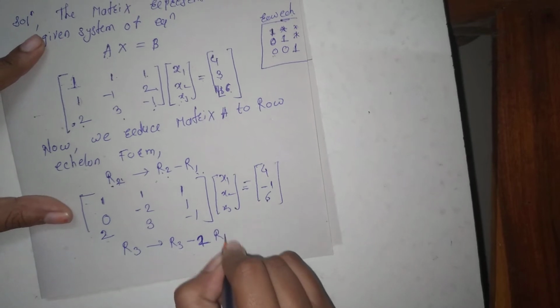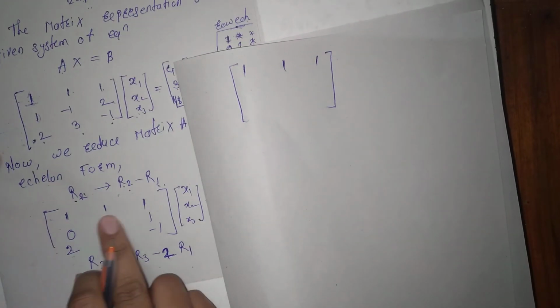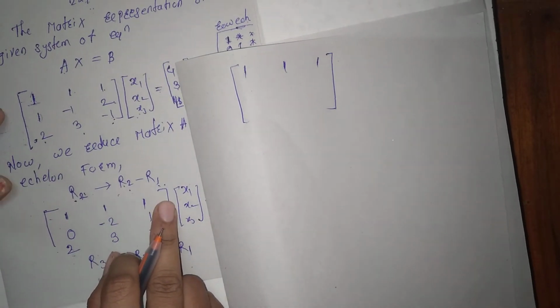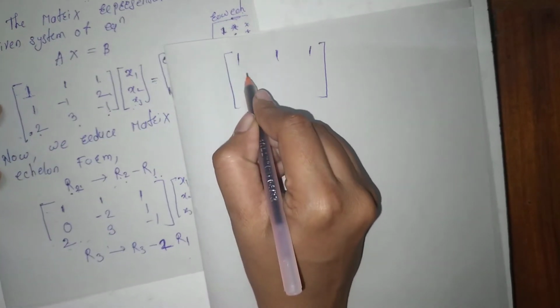The first row does not change, and only R3 changes.